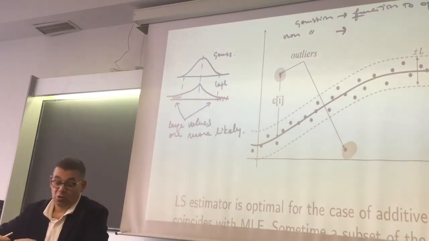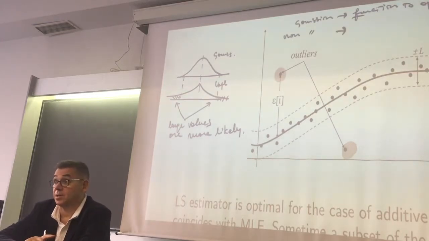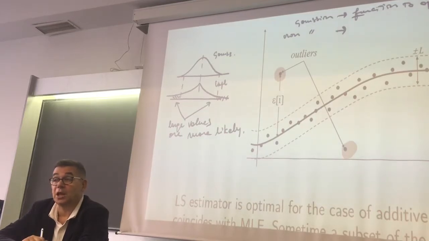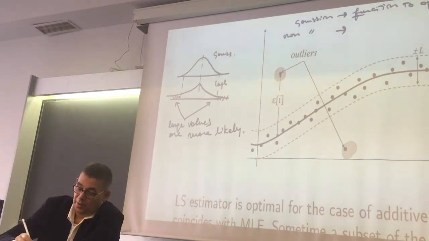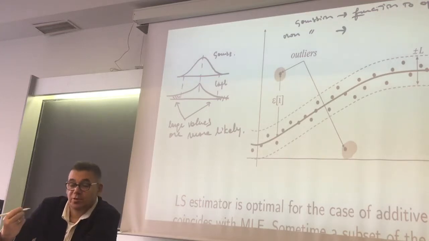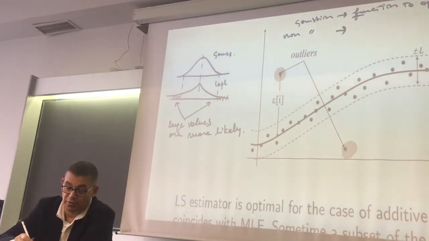Now we'll see that in the case of Laplacian, the maximum likelihood method involves the minimization of the absolute value of the error. In the case of the Gaussian, the optimum function is the minimization of the square of the error.